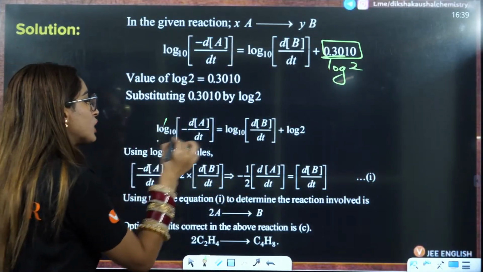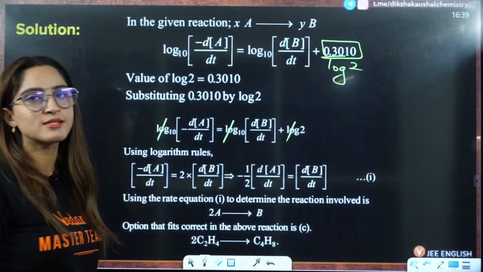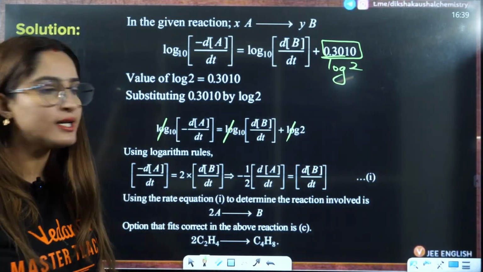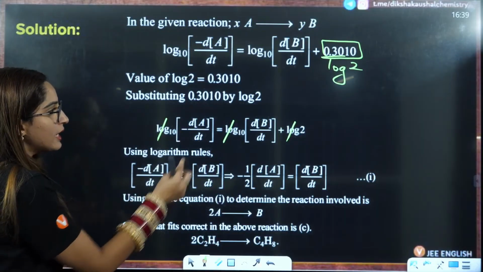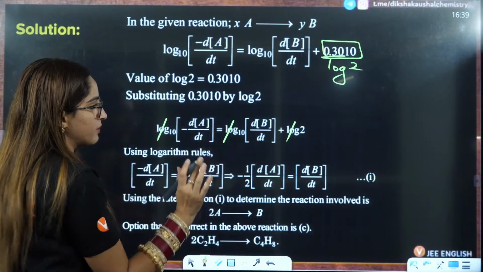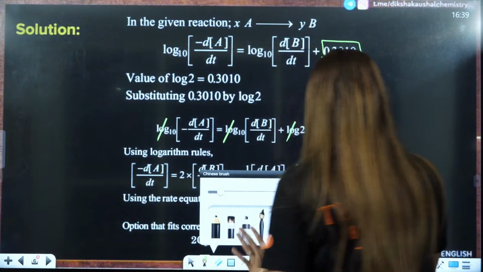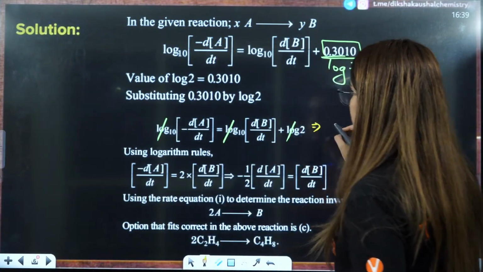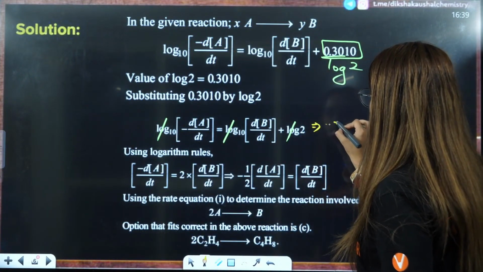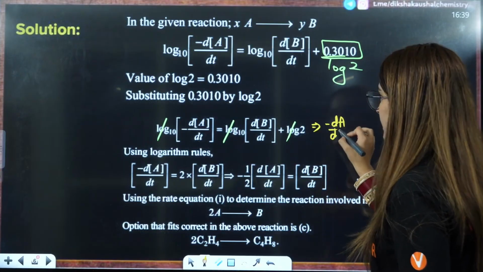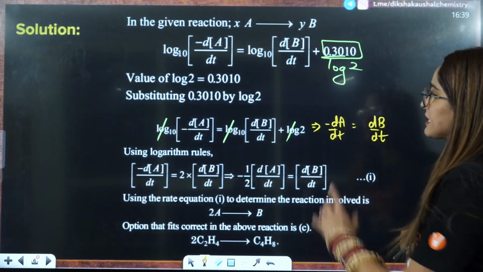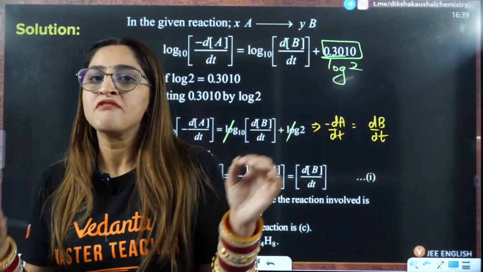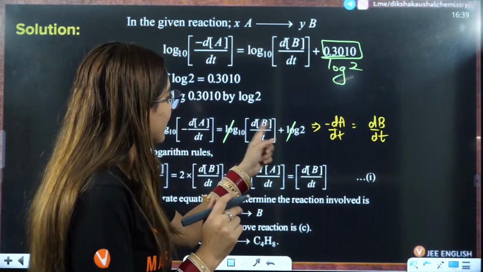Now the log will be cancelled by taking the anti-log here, and this is the statement that you will get: minus dA by dt. Wait a minute, I'll just show you what exactly we are doing here. This will be minus dA by dt equals dB by dt, right? Now tell me one thing. When you have two things, you have to take the anti-log here.